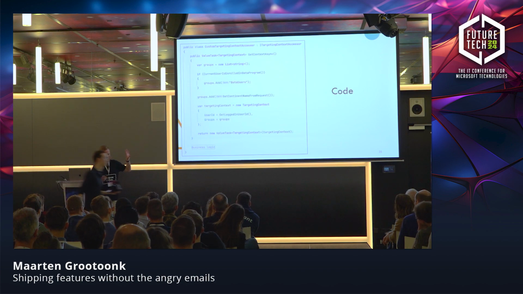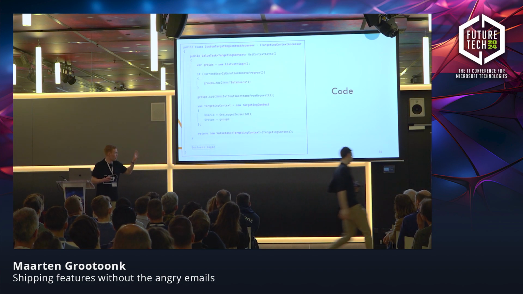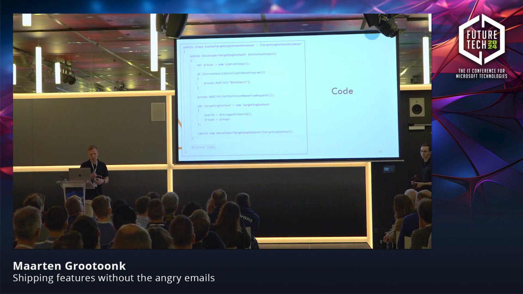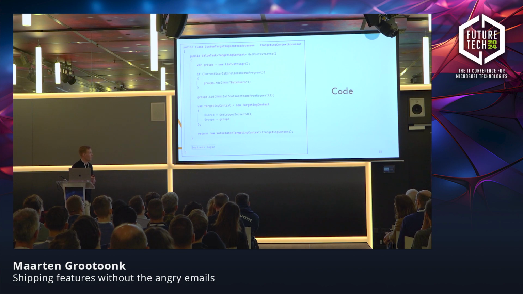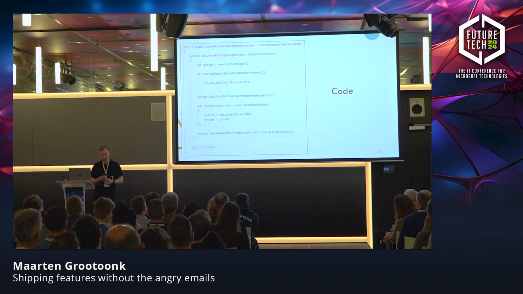And here we have an implementation. I will give you some time to read it. So you implement one method, get context async, and there you provide all information about the current user. So in this case, at the top, we start with like, is the user enrolled by a beta program?